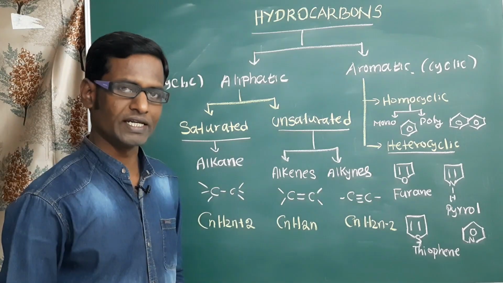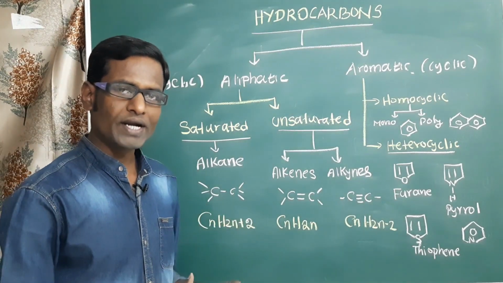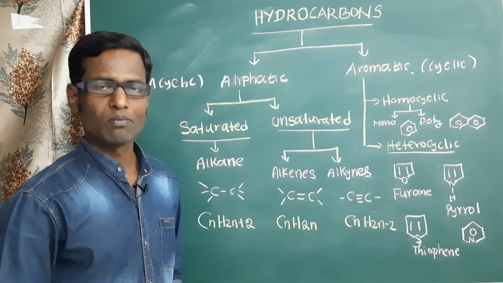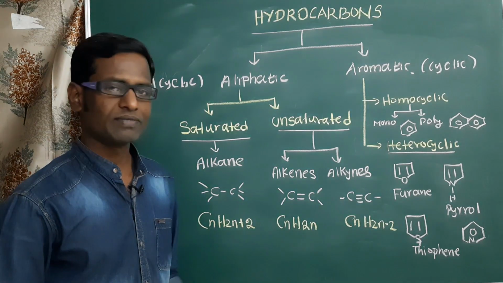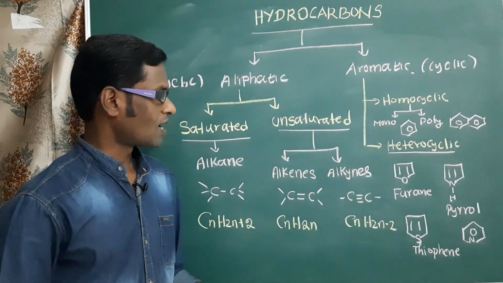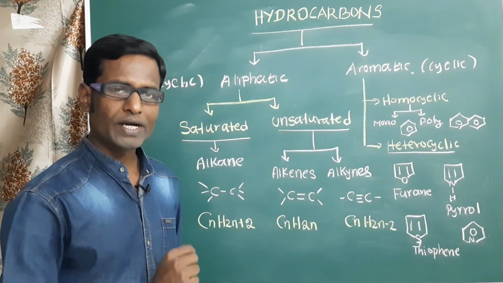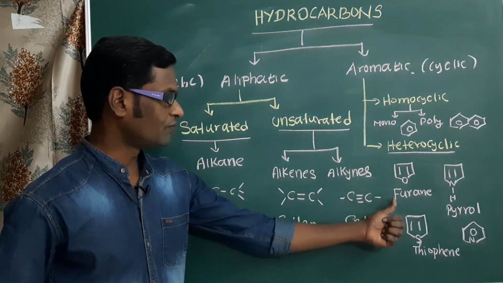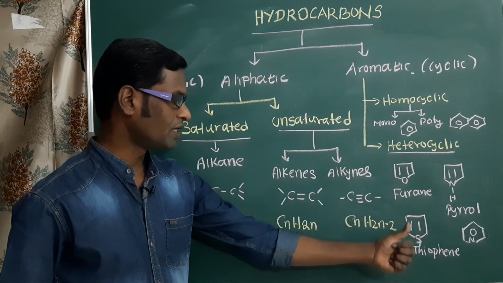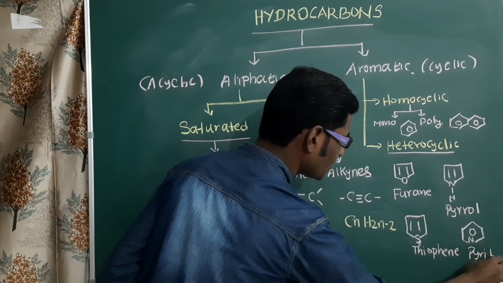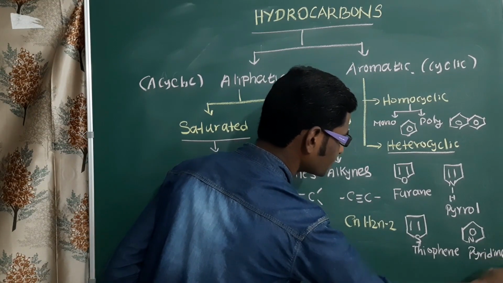Monocyclic contains only one ring structure, example benzene. Polycyclic, more than one ring, example naphthalene, anthracene. Another category, heterocyclic, the ring contains at least one heteroatom, example furan, pyrrole, thiophene and pyridine. These are examples of heterocyclic compounds.